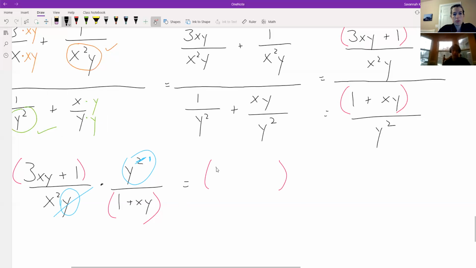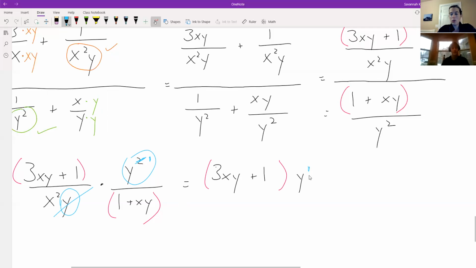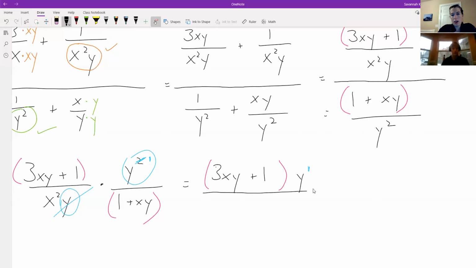So the next step, I've got 3xy plus 1 times y to the first. It used to be y to the second. Now it's just y. Probably in the next step, I'll refer to it as just y. And then underneath, I have an x squared. But I don't have any y's at all because there was only one, and then I canceled it out.